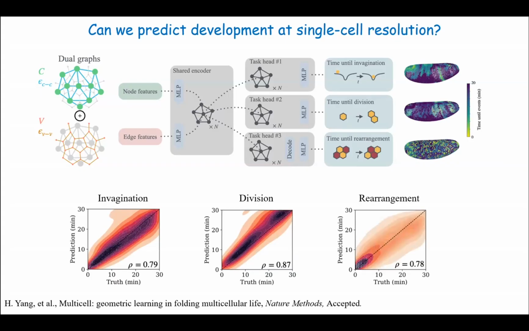What I'm plotting here is, y-axis is the prediction, x-axis is the ground truth measured from experiments for each of these behaviors. And you can see that they agree fairly well with the ground truth for each of these particular types of movement that will happen to the cell. And right now, it really starts to ask when it's going to happen, right?